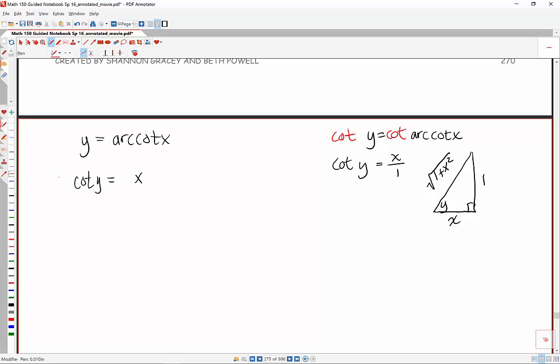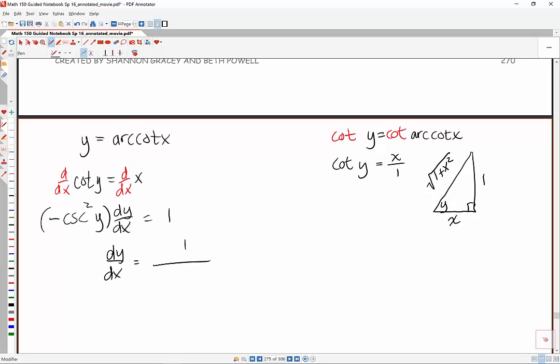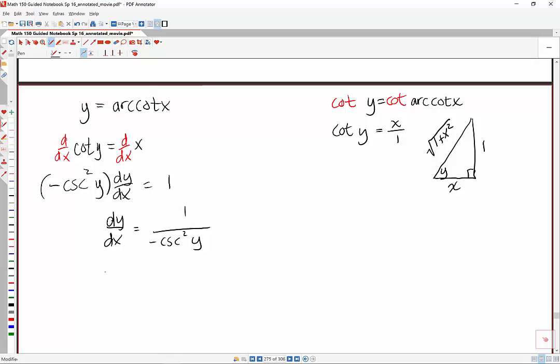All right, so now we'll have cotangent at y is equal to x, differentiating both sides with respect to x. We'll get negative cosecant squared at y, and then times dy dx is equal to 1. Isolating dy dx, we'll get 1 over negative cosecant squared at y, which is negative sine squared at y, so I'll write it like this.